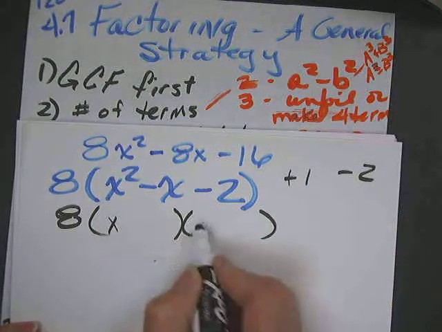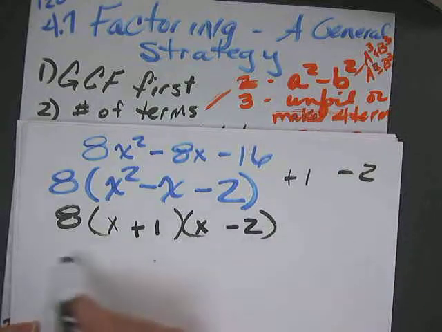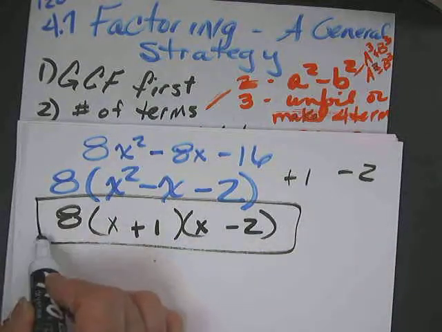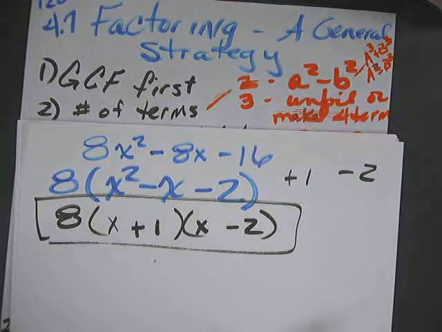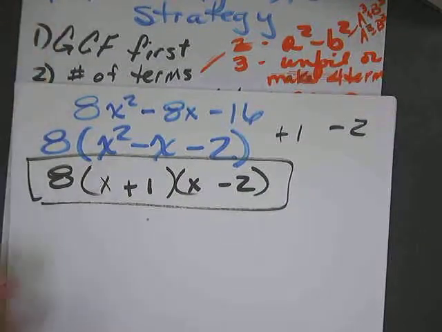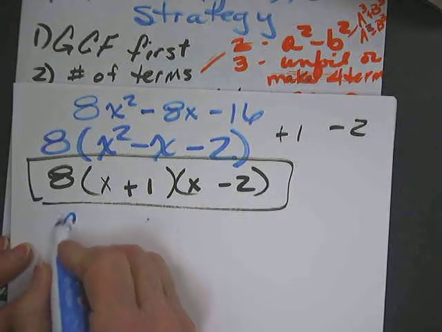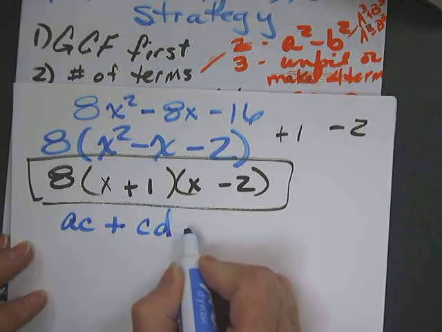Okay. 2, how can you get 2? How many ways can you get 2? 1 times 2, that's it, right? How are we going to get negative 1? Largest one negative, right? We have the x's, and we have a plus 1 and a minus 2 here. It's as simple as you can get it.